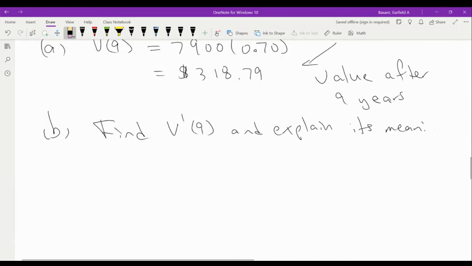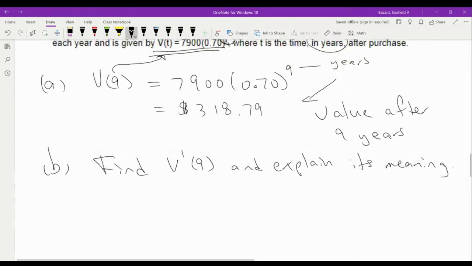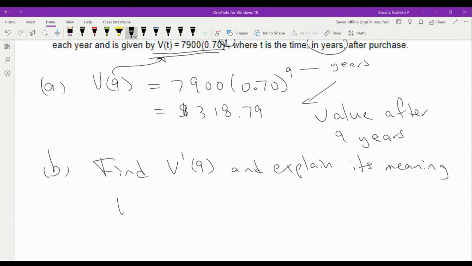And this should be meaning over here. So first of all, we know that V of t, let's copy it down here, is equal to 7,900 times 0.70 to the t power.